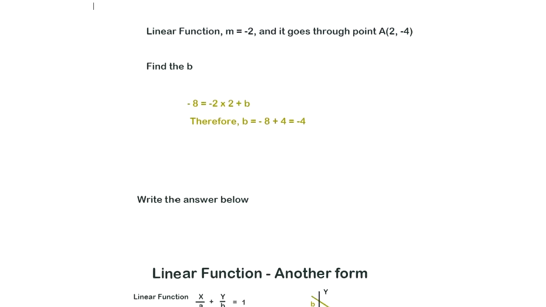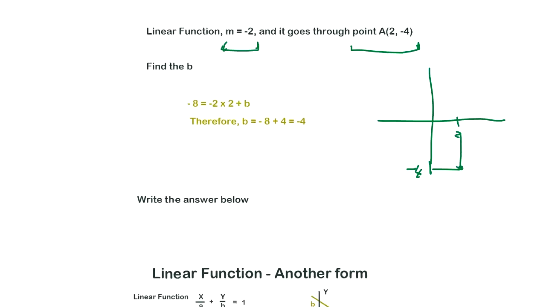Okay, now this time it's a challenge question. The slope is given and one point is given. So it's like 2 and minus 4. The linear function goes through this point, and the slope is negative 2.